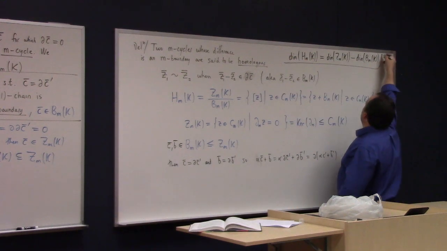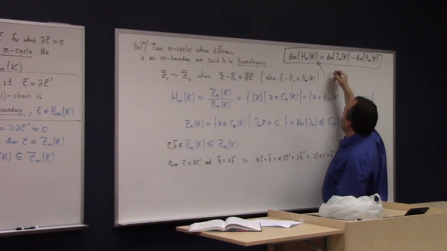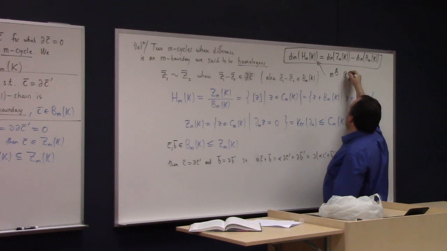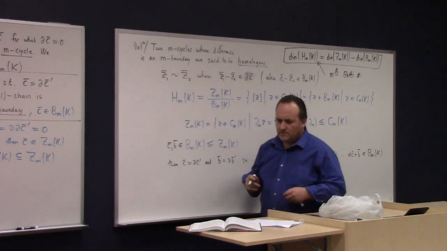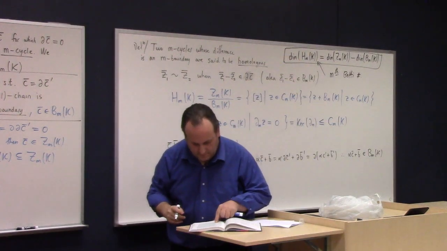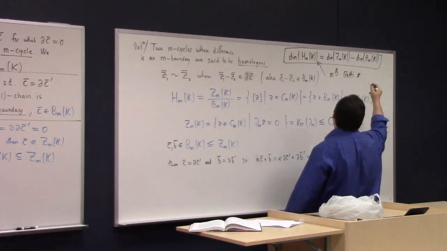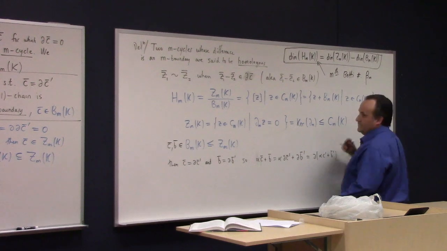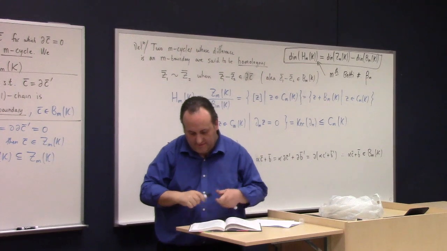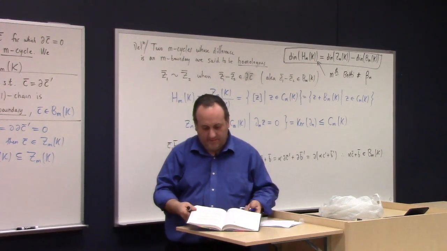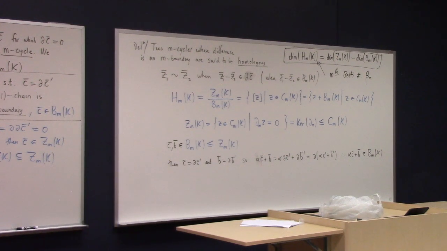And this is kind of important because this is called the mth Betti number, and it has a notation: beta sub m. He says beta sub m of K basically counts the number of m-dimensional holes of K.